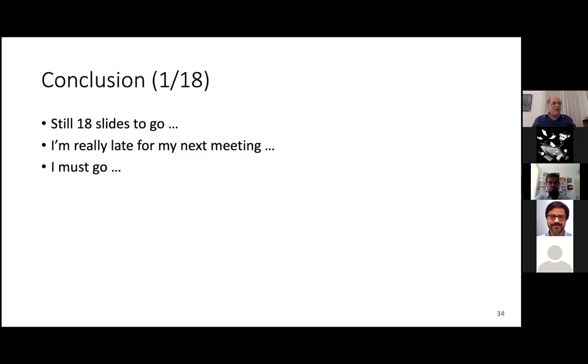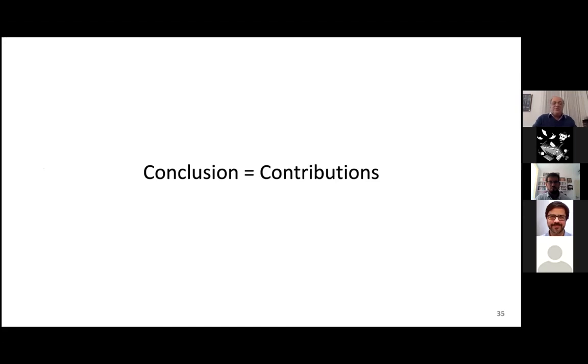And how simple? They should be centered on the contributions. The conclusion is simply the contributions that came out of your work. And these contributions are directly connected to the promise that you made at the beginning and nothing else.